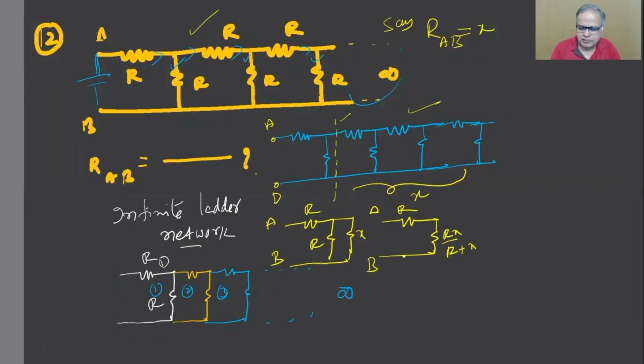X only. I've written X here, isn't it? So R plus Rx by R plus X is equal to X. This is the idea.